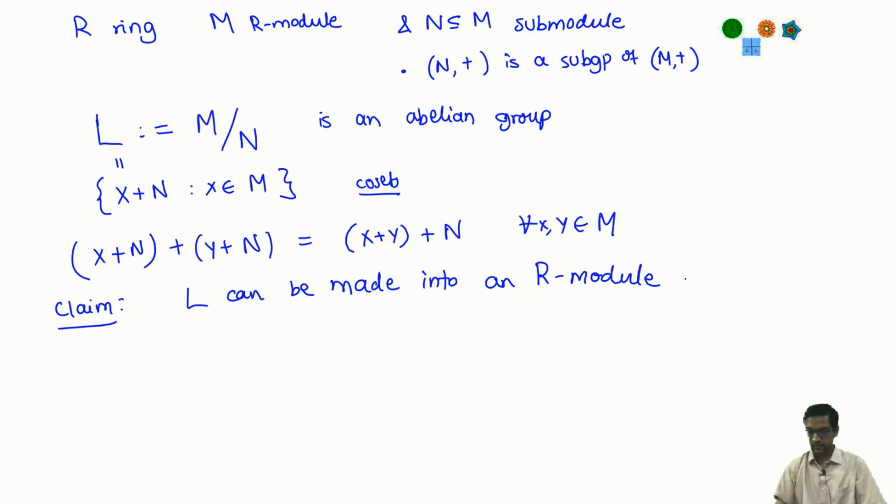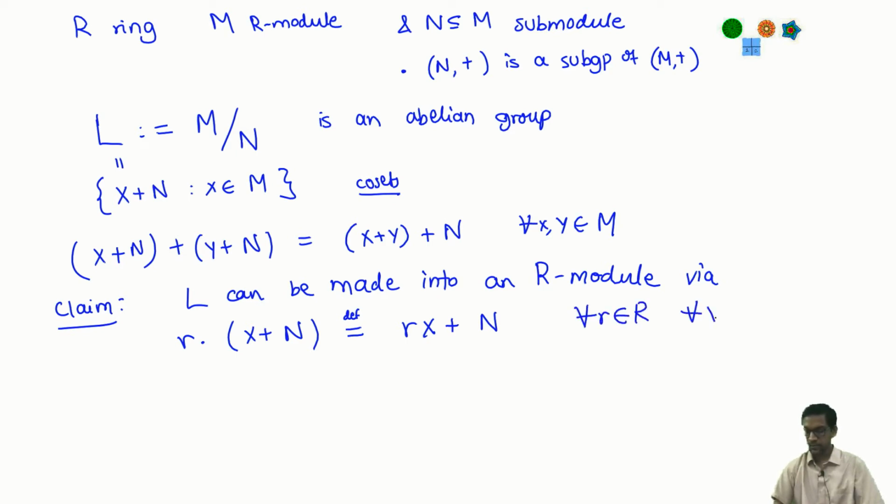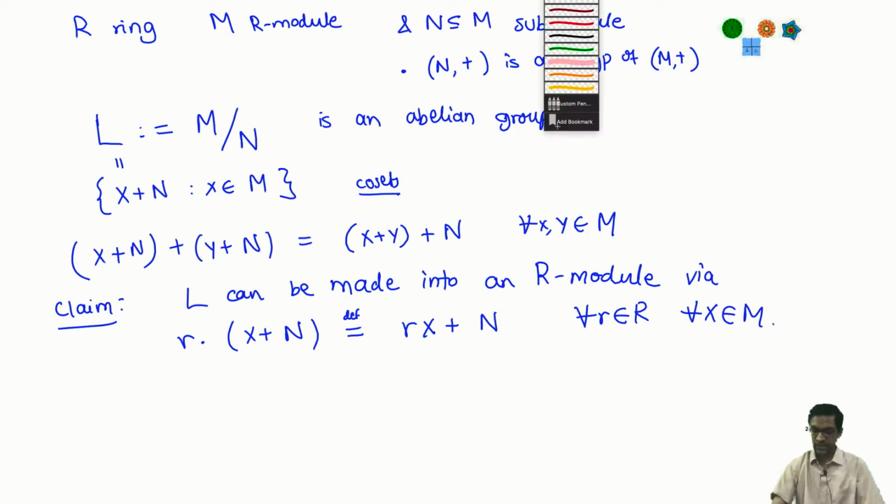So why R? Let's define the action we have in mind. Let's take a ring element r and a coset x plus N, and we define r acting on x plus N to be r acting on x, plus N, meaning the coset of rx, for all ring elements r and all x in M. Okay, so that's the definition of the scalar multiplication.